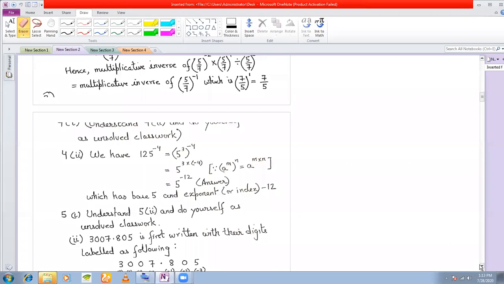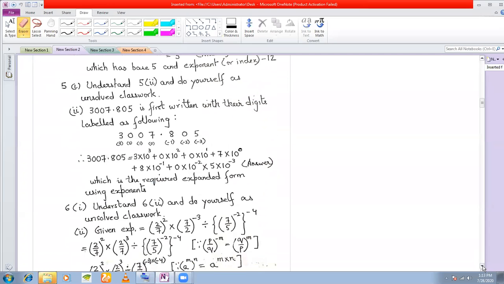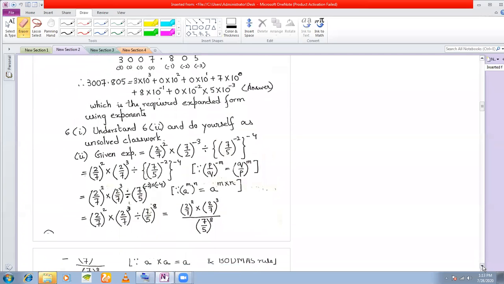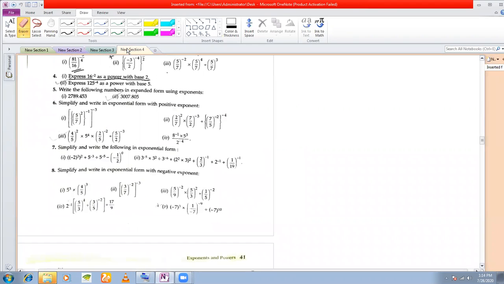I have solved, this expanded form is over, 5 2. Now 6 1 I haven't solved, 6 2 I have solved. So 6 1, 6 2, let's solve. Both I'll solve. Okay, simplify and write in exponential with positive exponent. Let's see 6 1.